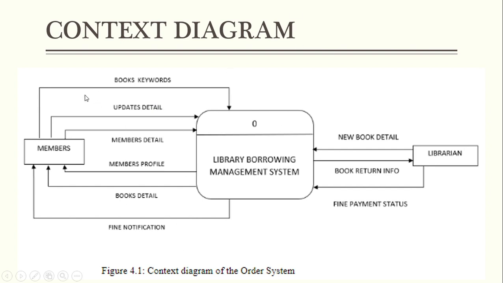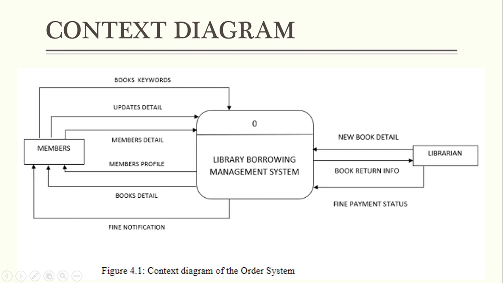Then, members have to key in the book keywords in order for the system to view the book details to members. And lastly, the system will send fine notification to members if the members have fine in their account.